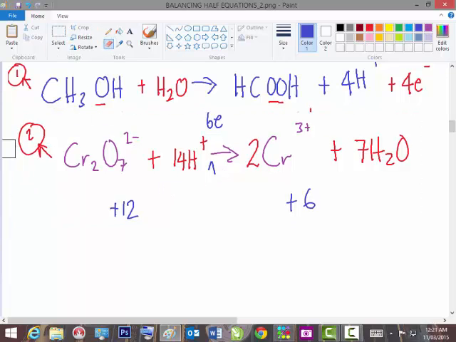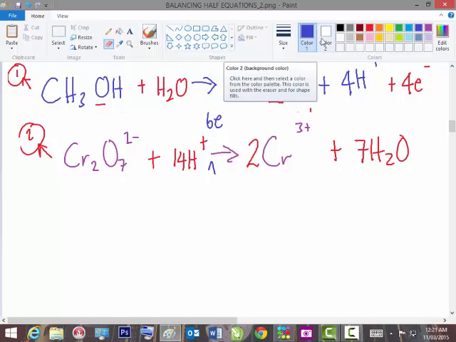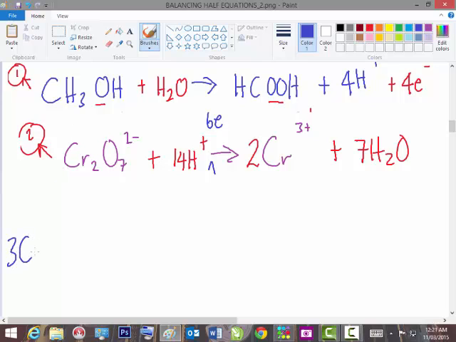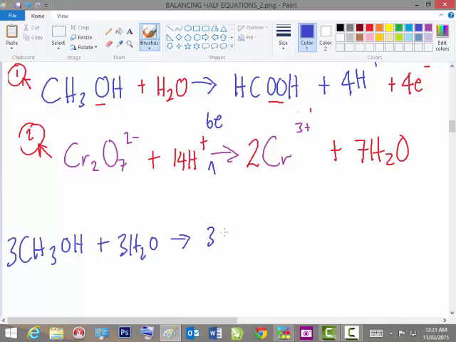Let's tidy it up a bit. Right. So we need to multiply this one by 3, so we have 3CH3OH plus 3H2O goes to 3HCOOH plus 12H plus 12 electrons.